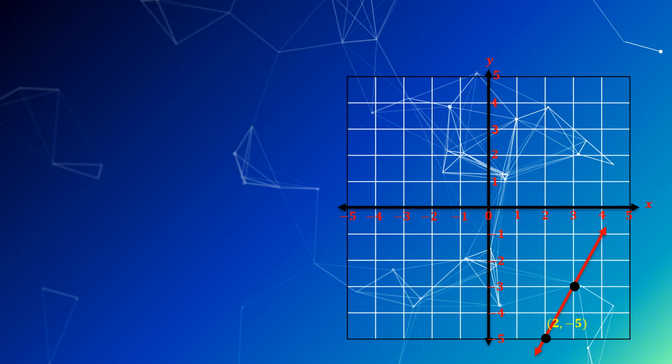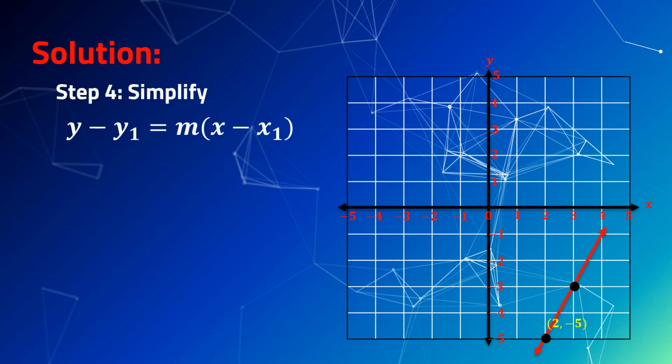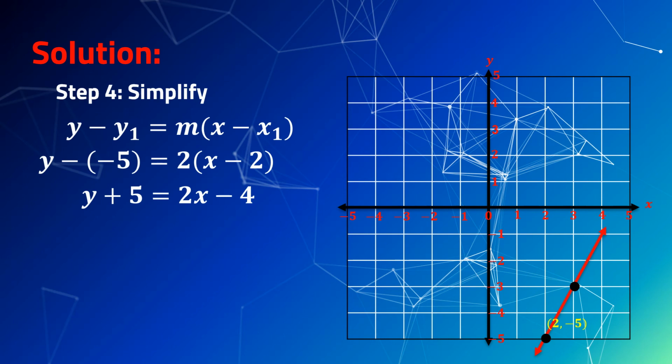Then after that, we're going to simplify. We have y minus negative 5 is equal to 2 times the quantity of x minus 2. So we have y plus 5 is equal to 2x minus 4, by the distributive property. By transposition, y is equal to 2x minus 4 minus 5.